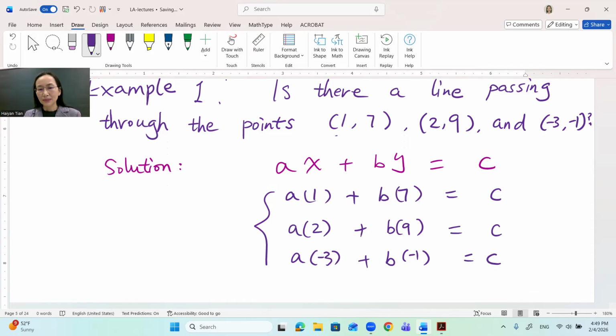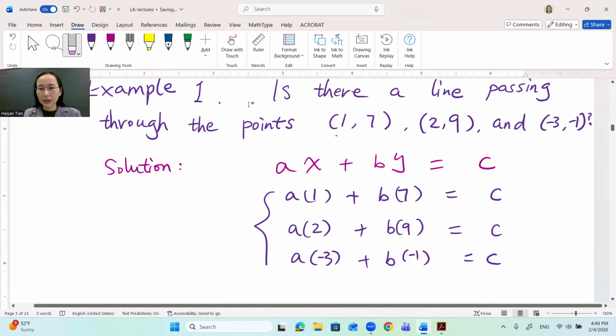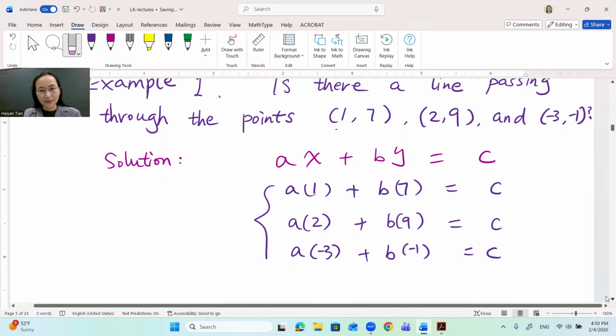When the line passes through the second point, we get the second equation. And then a third equation, if the line passes through the third point. So if the line passes through all 3 points, we have a system of 3 equations. But do we have a solution for the system?